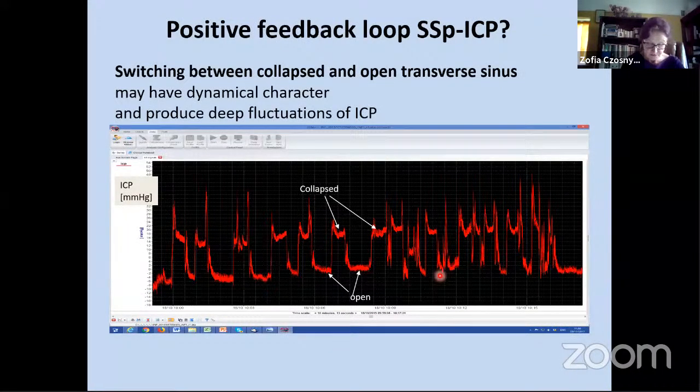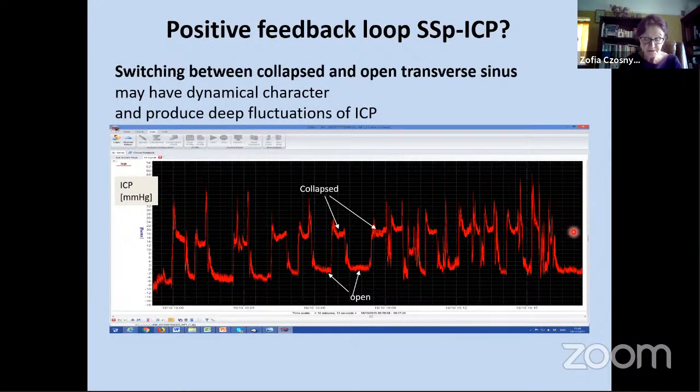So finally, we can try to interpret the strange fluctuation of ICP in one of our IIH patients that Marek was showing previously. ICP was not stable, but fluctuating between 0 and around 30 millimeters of mercury. Unfortunately, we don't have a recording of sagittal sinus pressure, but we may hypothesize about an unstable positive feedback between ICP and sagittal sinus pressure.